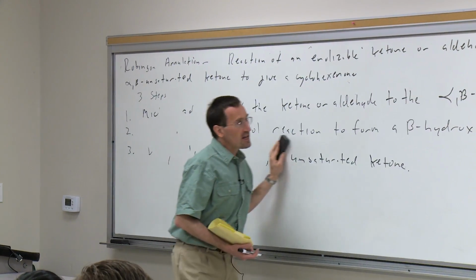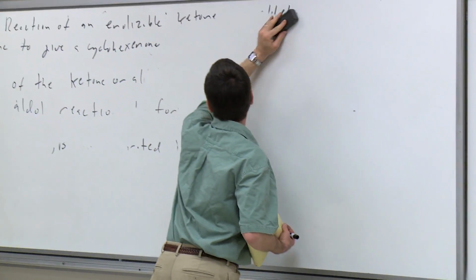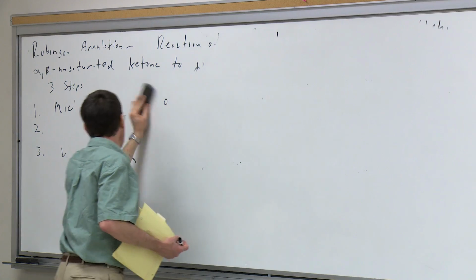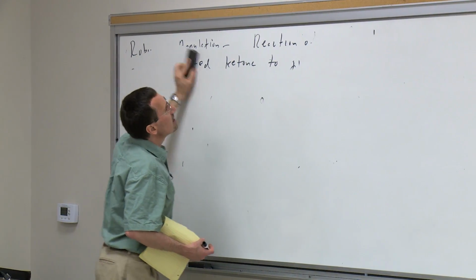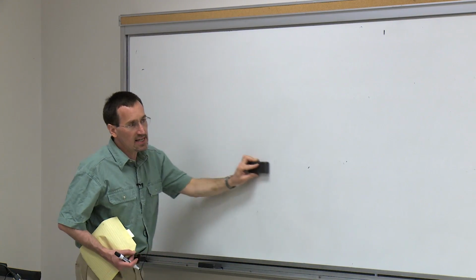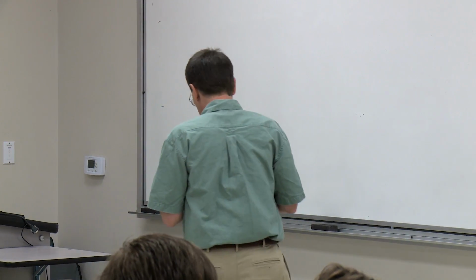All right. So in part because I wanted an excuse to talk about the Robinson annulation, and in part because I wanted to keep the menu of reactions in the synthesis of the molecule in 8.7 relatively limited to things we've covered in this class, or you should remember from sophomore organic chemistry, I decided that I would go ahead and take a Robinson annulation approach to that molecule.